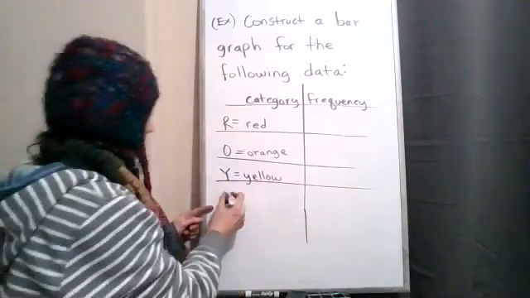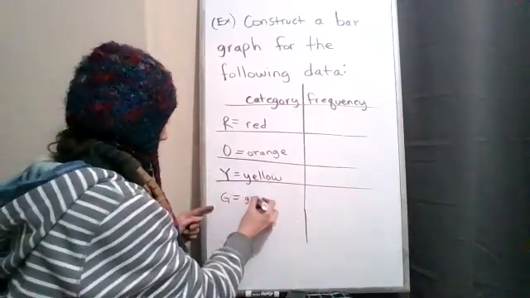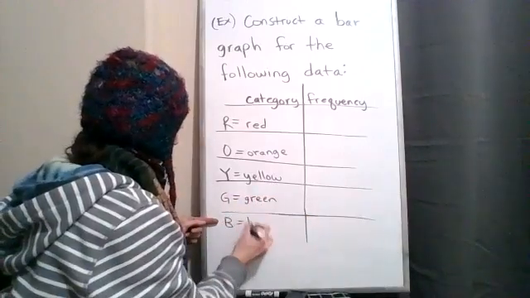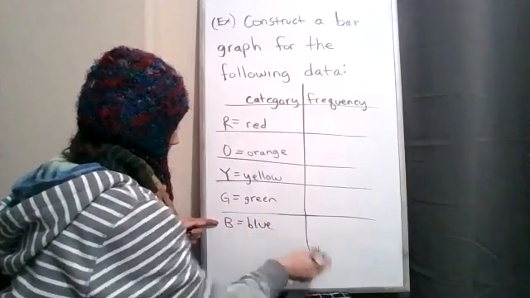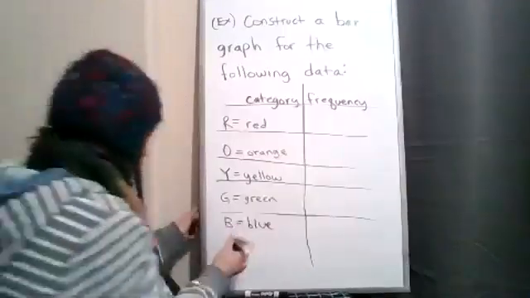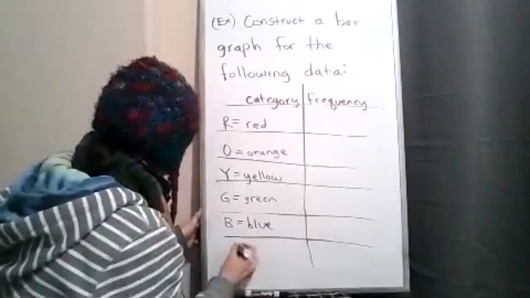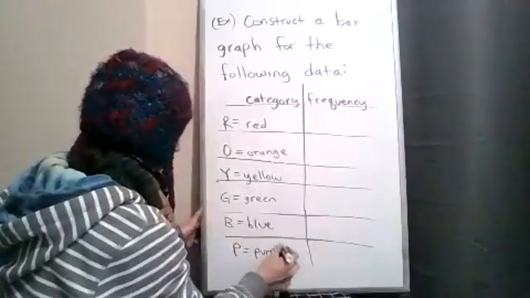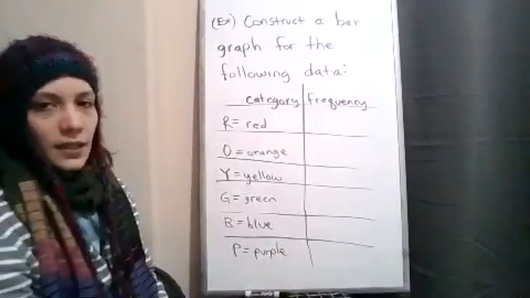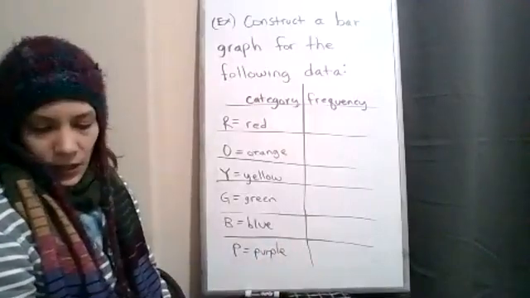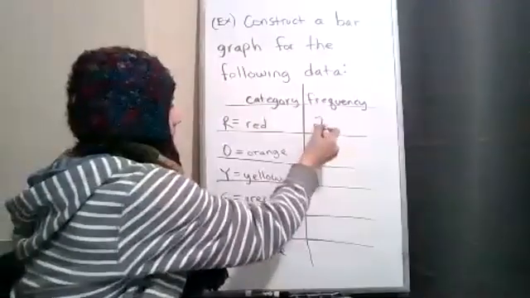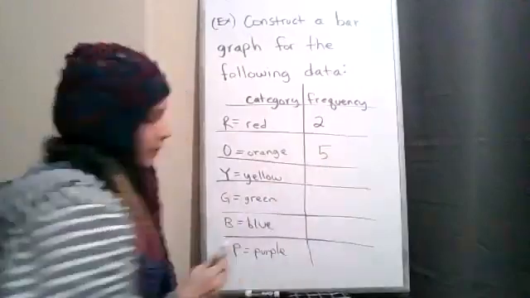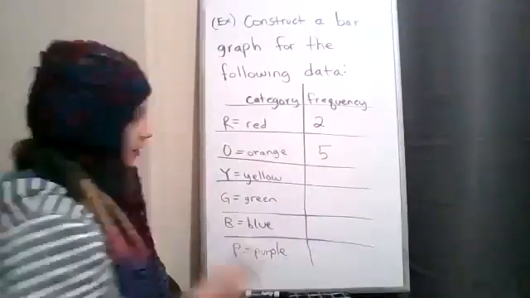Red, orange, yellow, green, blue. I've got 2 for red, 5 for orange, 6, 1, 3.